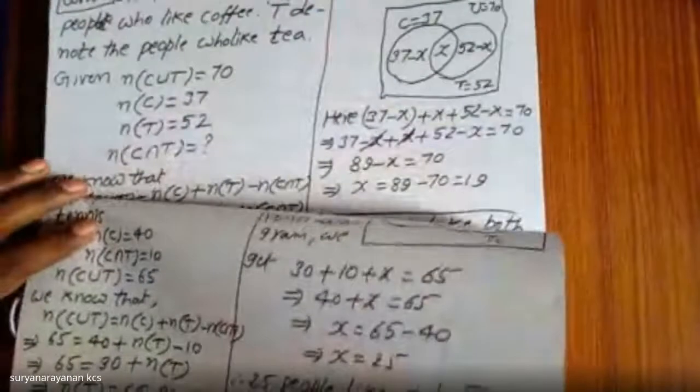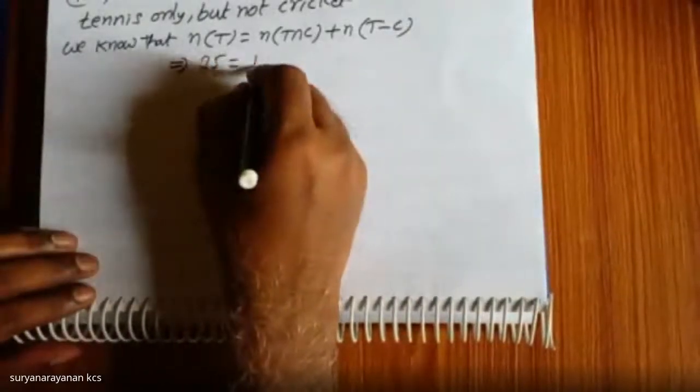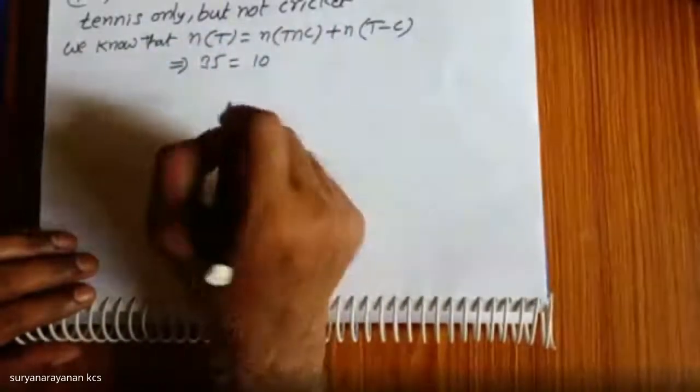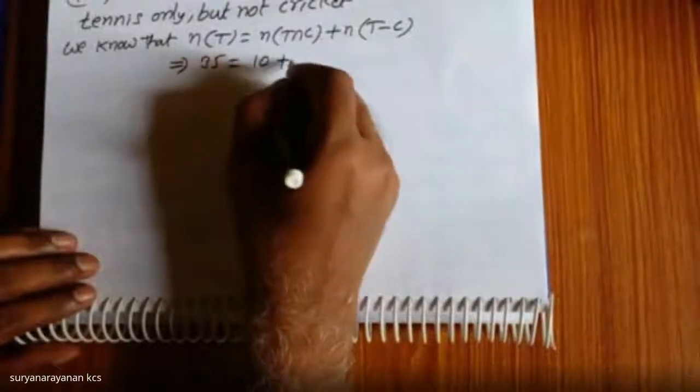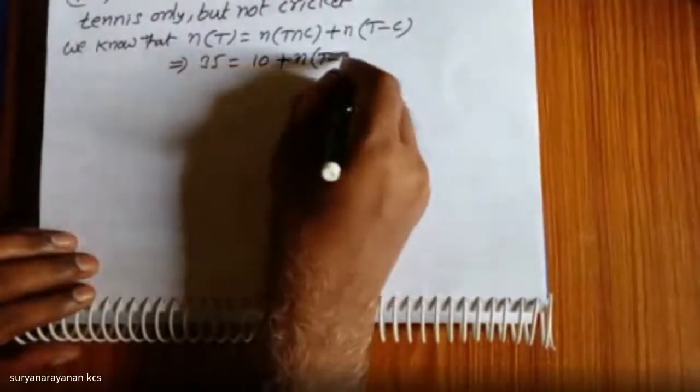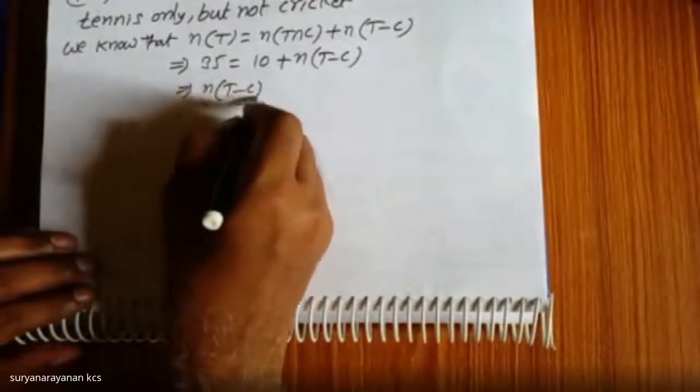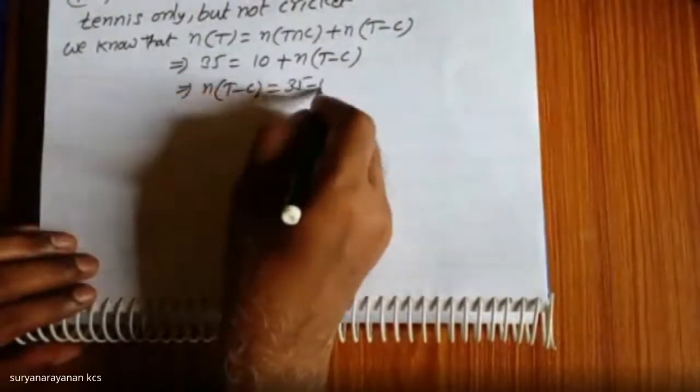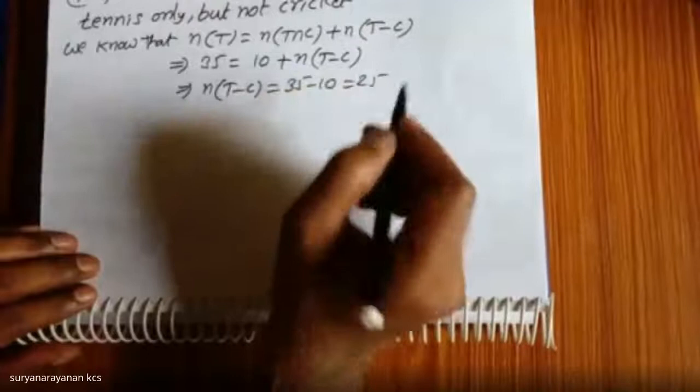So n of T, we have already found n of T is 35. Previously we have found n of T intersection C is 10, plus n of T minus C. From this, n of T minus C is equal to 35 minus 10, that is equal to 25.